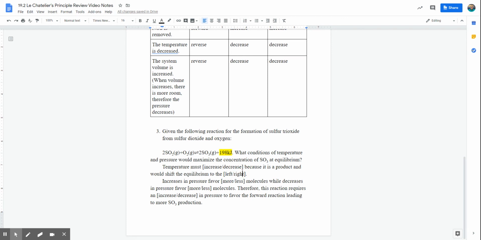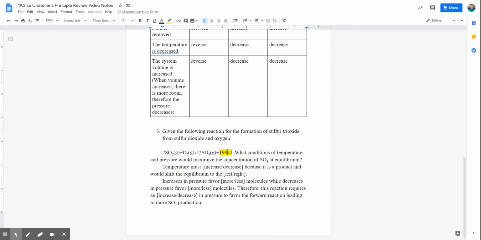Since it is a product, it's being produced every time the reaction goes to the right. So if I want to favor the reaction going to the right, I would not add more heat. The reason for that is it would actually create more product, and therefore the reaction would stop a lot faster.